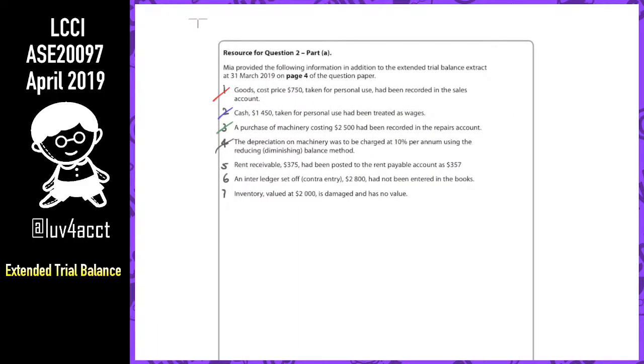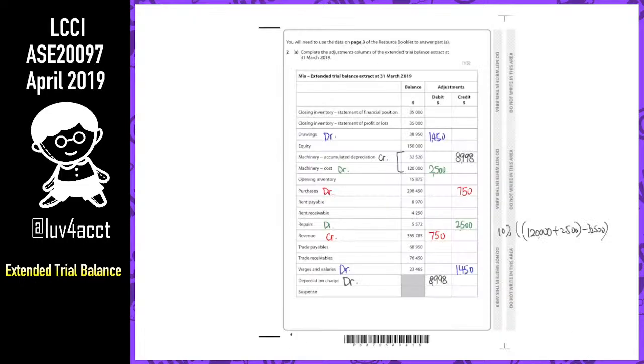Item 5, rent receivable. Income of 375 has been posted to the rent payable account as 357. 375 is correct, but we put it into the expense account as 357. So we take away the incorrect one first.